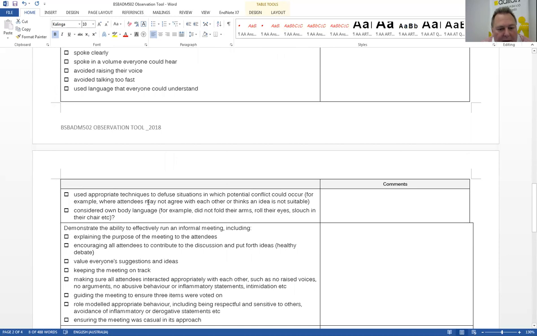For example, where attendees may not agree with each other or think an idea is not suitable. Considered own body language, for example, not folding their arms or rolling their eyes, slouching themselves in the chair, etc.